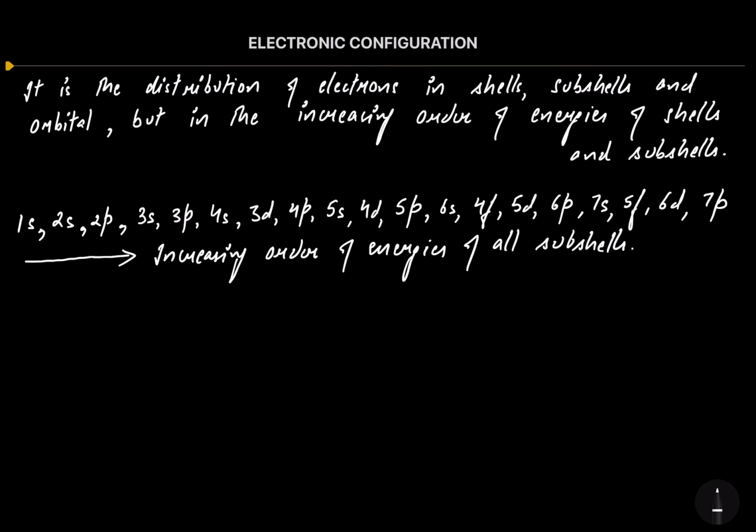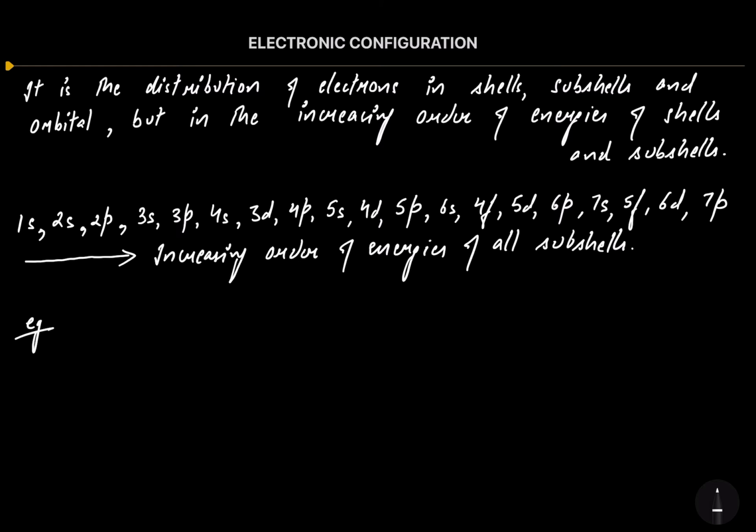Here you can observe that the minimum energy is of 1s and the maximum energy is of 7p. So we have to fill electrons in these subshells in the order of the increasing energy of subshells. That's called electronic configuration. So let me take an example. As an example, I am taking atomic number 20.